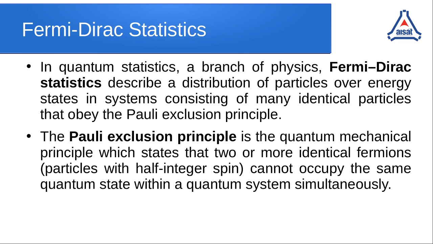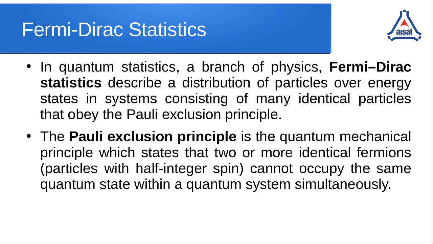Though we discuss more about electrons and holes in case of semiconductors, Fermi-Dirac statistics is not just for electrons or holes. It is for any particles. The only constraint is that they should obey Pauli's exclusion principle.